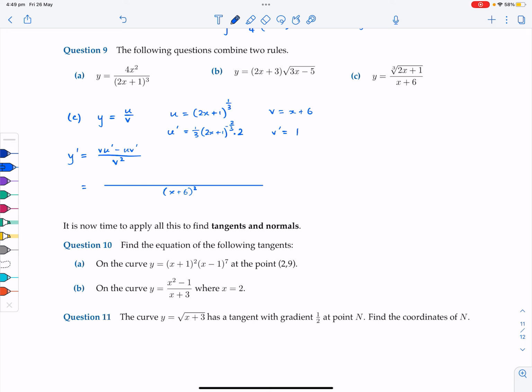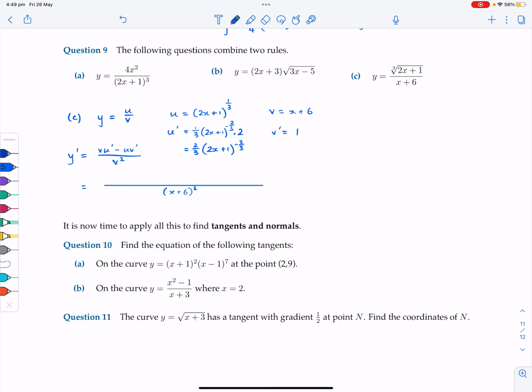Okay, VU dash, right. Oh, no, I didn't tidy this up. So that's 2/3, 2x plus 1 to the negative 2/3. That's a coincidence that these are like the same fraction.